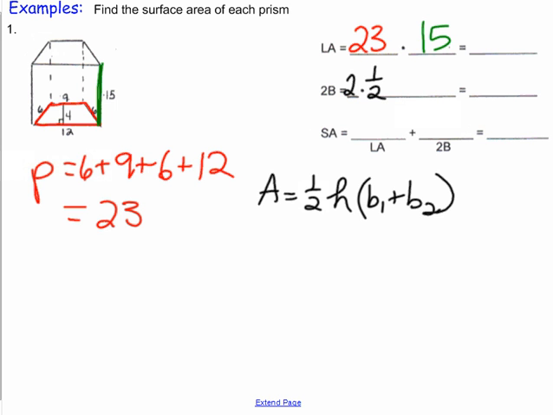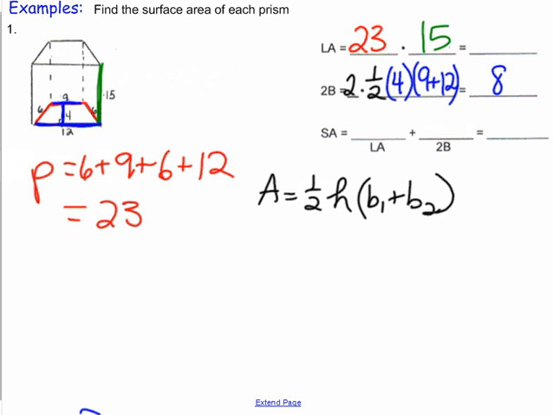Well, if we look at the trapezoid over here, the height is going to be this 4. And the bases, 9 and 12. So this is going to be 9 plus 12. And when we type all that into your calculator, you're going to get 84.